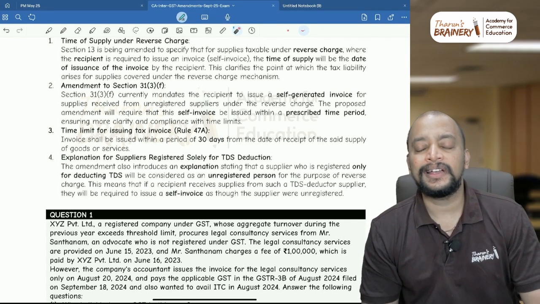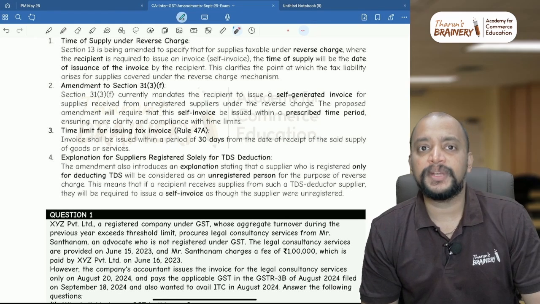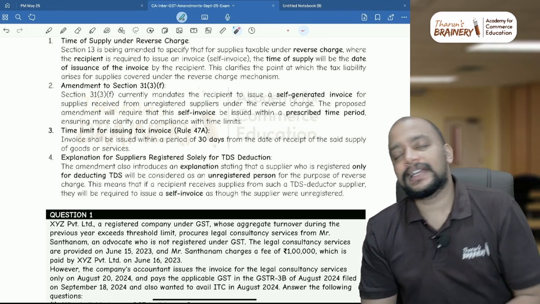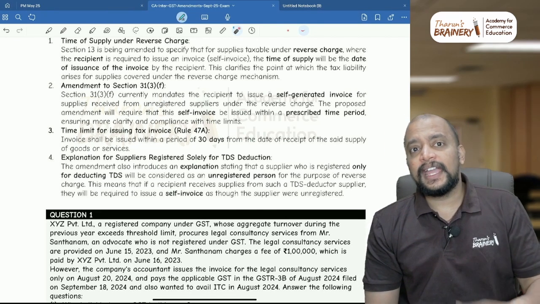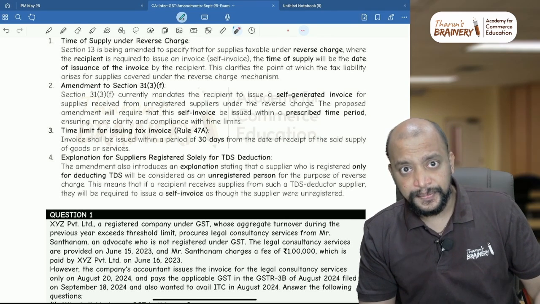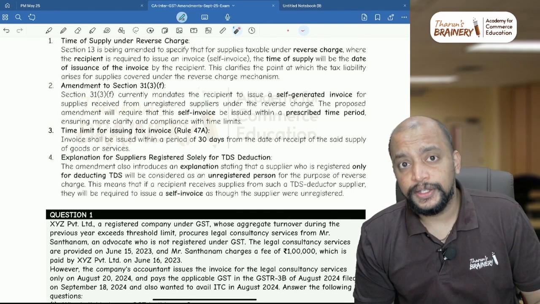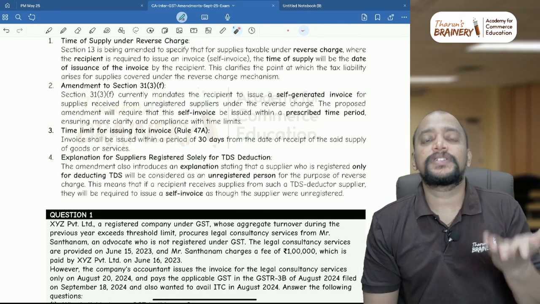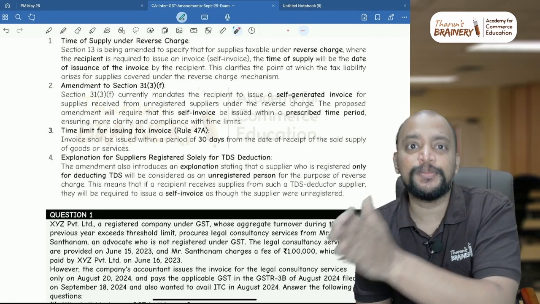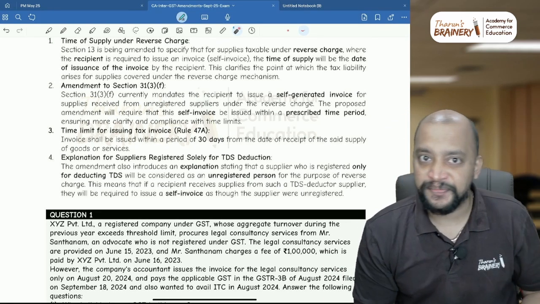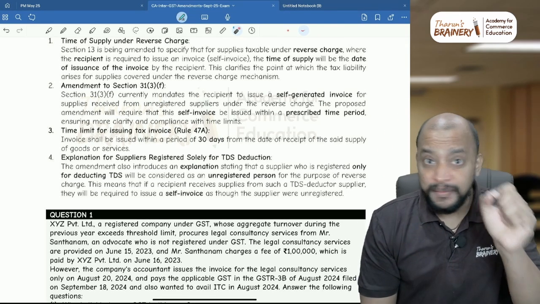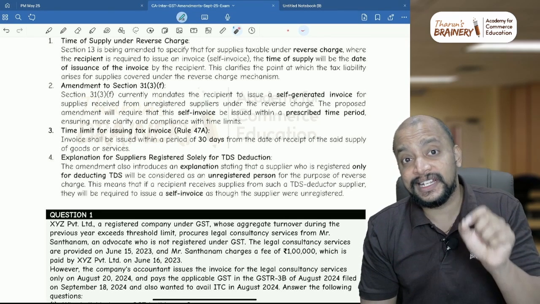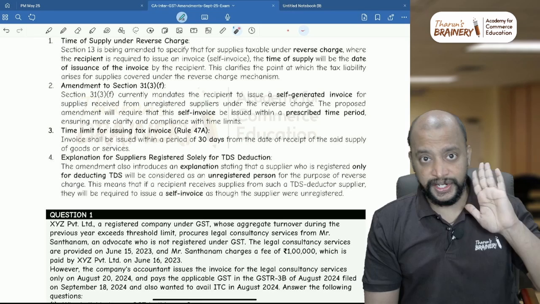Central government, state government departments, local authorities, public sector undertakings, etc. If they are registered for deducting TDS, and you are making a purchase from them where you are required to pay GST under RCM, of course, since services provided by government to a business entity are covered under RCM, and the government department is registered only for the purpose of deducting TDS, they don't have a normal registration.